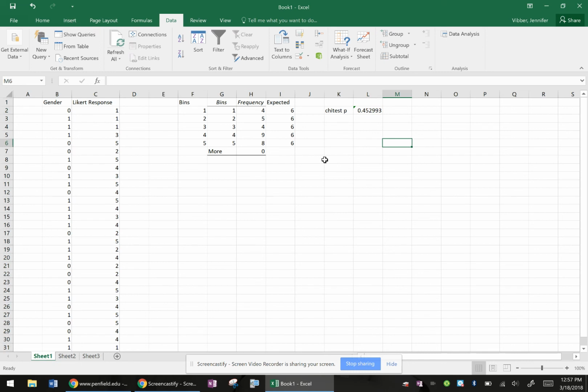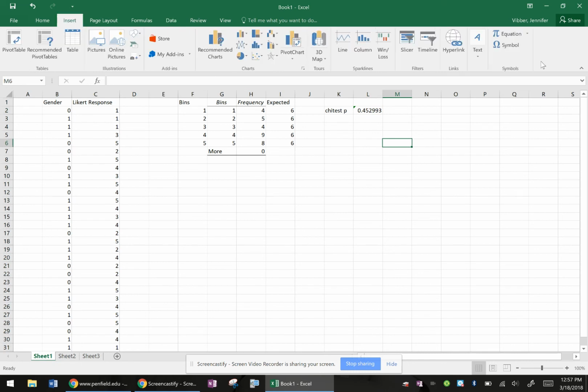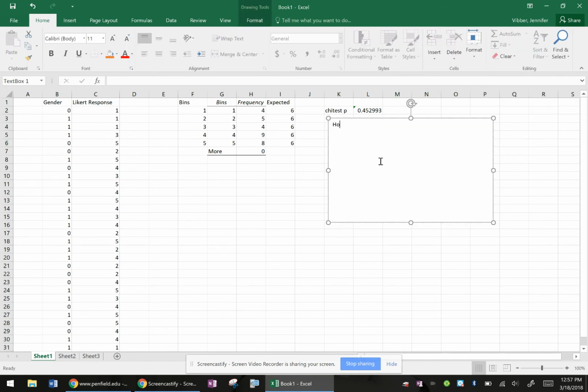So again, in this case, I'm not going to write my hypotheses out as much as the other one, but they would be uniform distribution and non-uniform distribution. Alpha 0.05, P 0.45, test run chi-square goodness of fit.